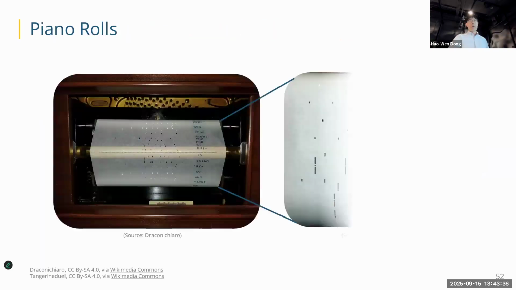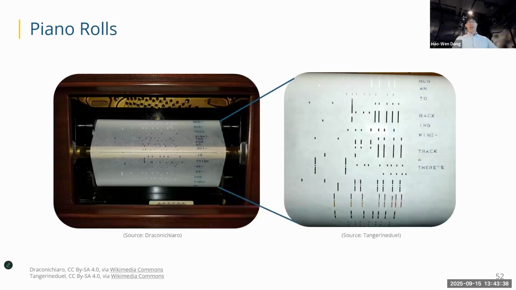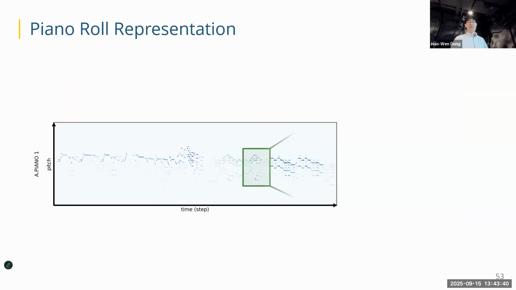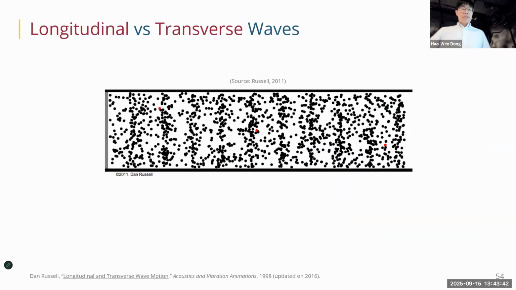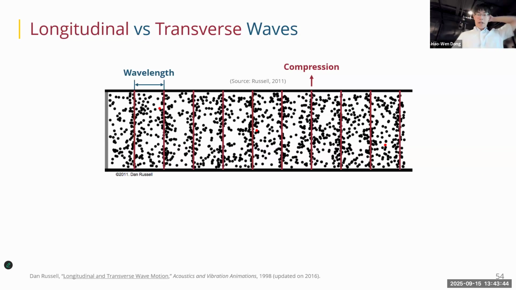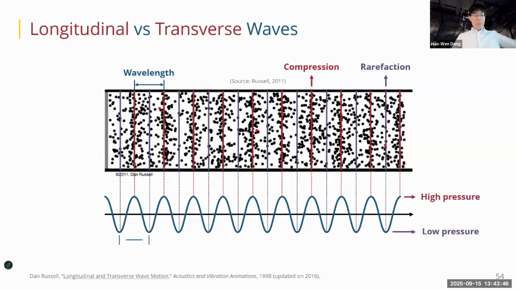And we talk about piano roll. It has some history. It's a physical thing, just that it could also be a representation. Cool. And we talk about waves, but I guess these are just reminding you that, even though you see this, it's actually a pressure wave, just representing the high pressure and low pressure. Cool.